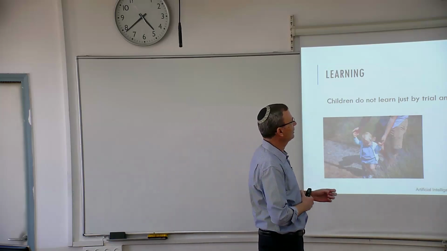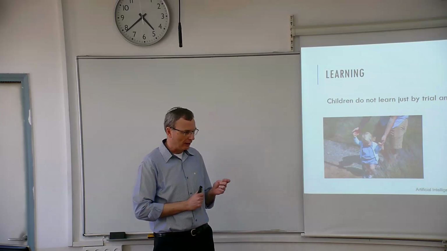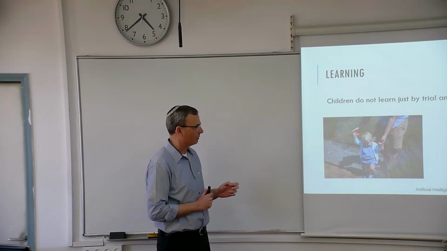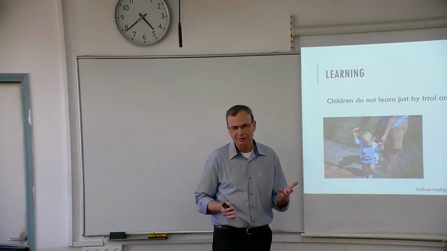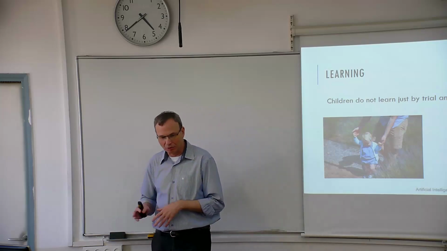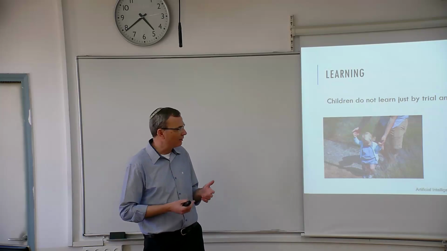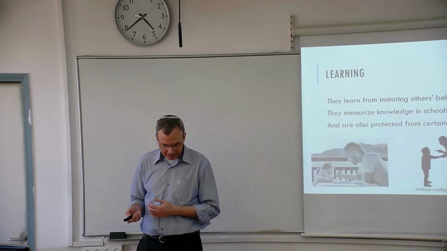Now, children do not learn just by trial and error. Well, they use, of course, trial and error, mainly when they try to move around in the world. They learn how to crawl, how to walk by trial and error. This is why they fall all the time, because this is trial and error.